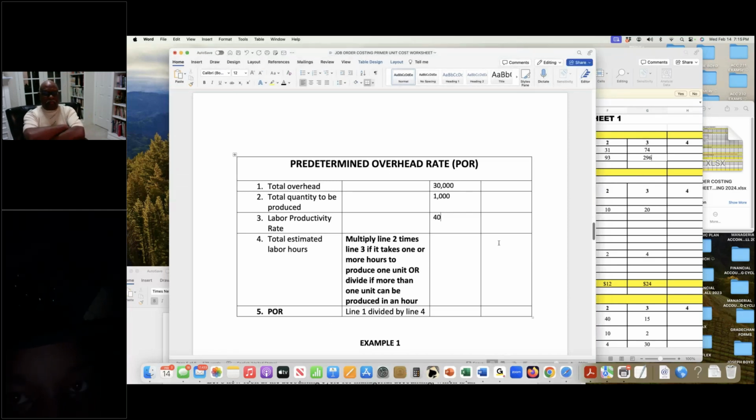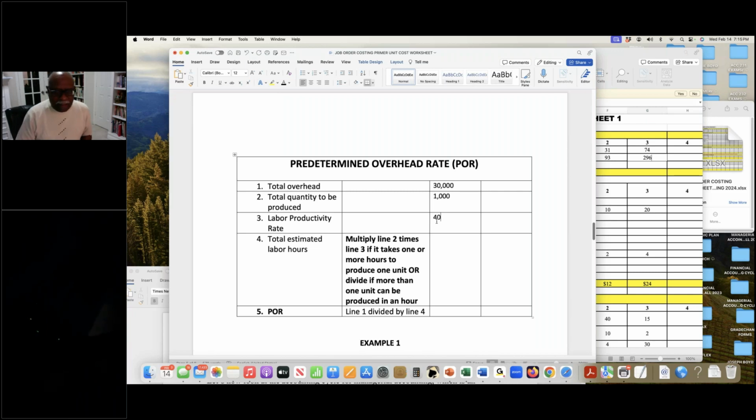So how many hours is it going to take us to make it? Multiply line 2 times 3 if it takes 1 or more hours. Or if we can make more than 1 in an hour, we're going to divide. In this case, we can make 40 in an hour, so we divide.